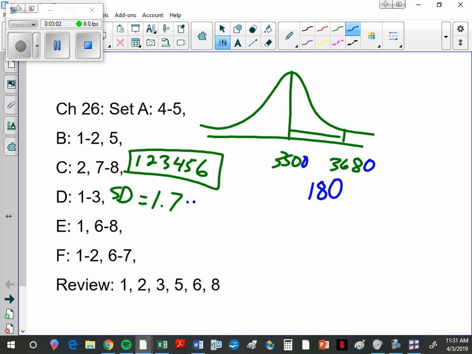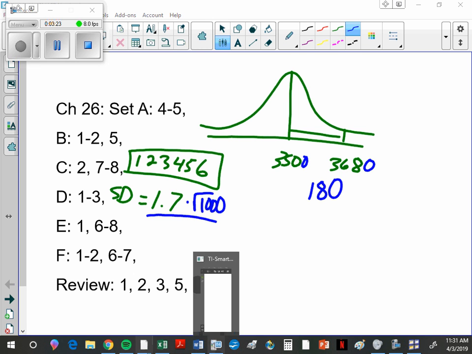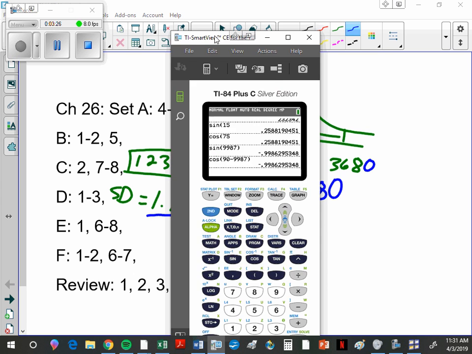So I'm going to multiply this by the square root of 1,000, and what do you get? It's not 17. No, it's going to be something different. Let me turn on my calculator.